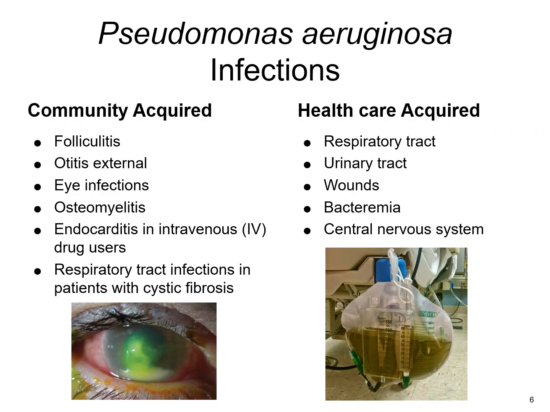So what you see on the previous slide as well is that the Pseudomonas can infect different areas of the body. Because Pseudomonas has some very distinct characteristics, it can cause a green type color.